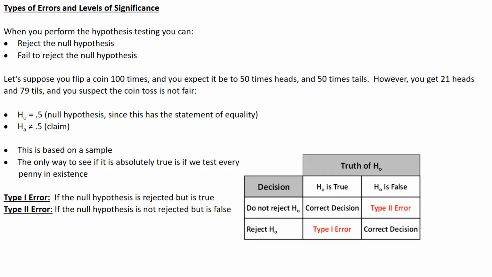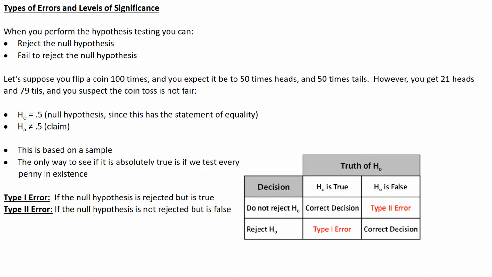What if the null hypothesis is true and we reject it? That's a type 1 error. An example of that could be that we found out, let's say, some kind of food at a manufacturing plant is contaminated.